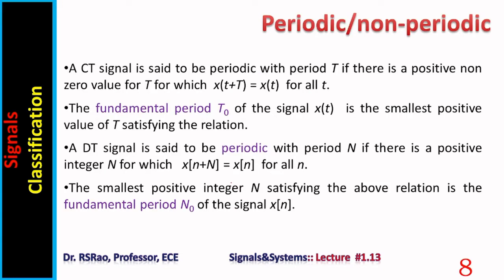Now we spend some time on recollecting important aspects of signal periodicity: its definition, its nature, its properties. A CT signal is said to be periodic with period T if there is a positive non-zero value of T for which x of t plus T equals x of t for all t. Notice in this definition, two aspects are to be understood.